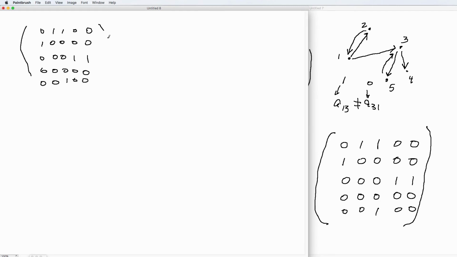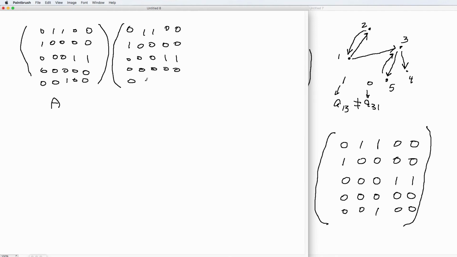Okay, so this is the matrix A, and we're going to multiply it again by the matrix A. Like that.